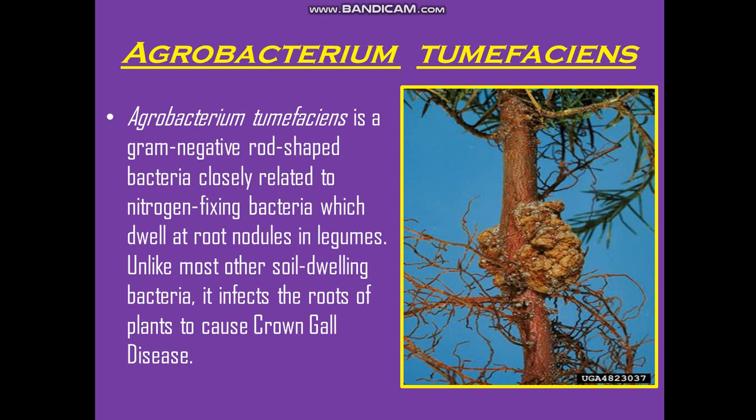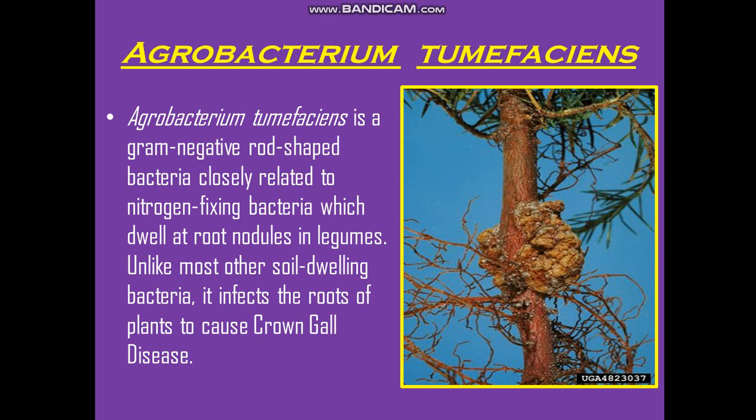Now why does it do so? Because this gall can be considered a tumor. A tumor is because of uncontrolled cell division, that you all know. So there should be something in Agrobacterium tumefaciens due to which this uncontrolled cell division is taking place.